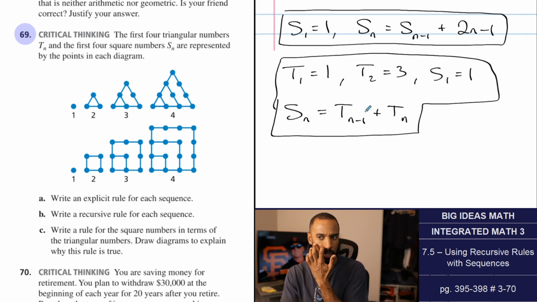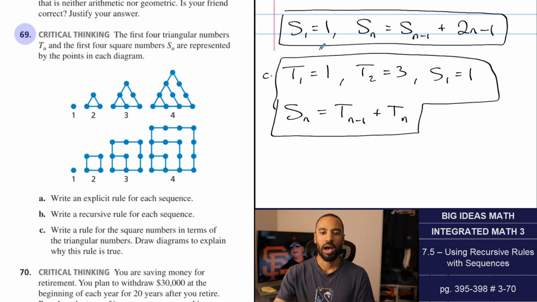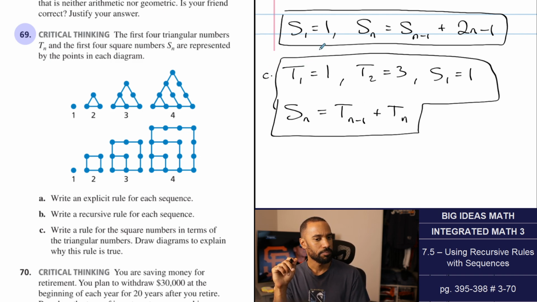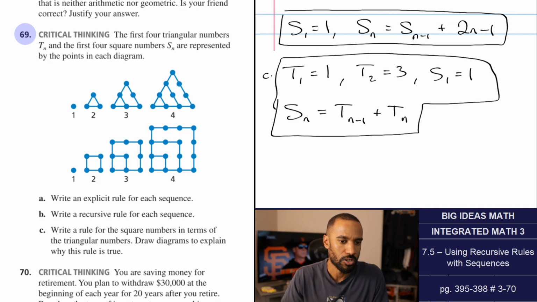I guess we have the triangular numbers, but that's just writing the rule. That's part C. It says, draw diagrams to explain why this rule is true. Well, you can imagine the triangular numbers are right here. Like for the fourth term, I have them here, and we're adding those 4 plus these 3.